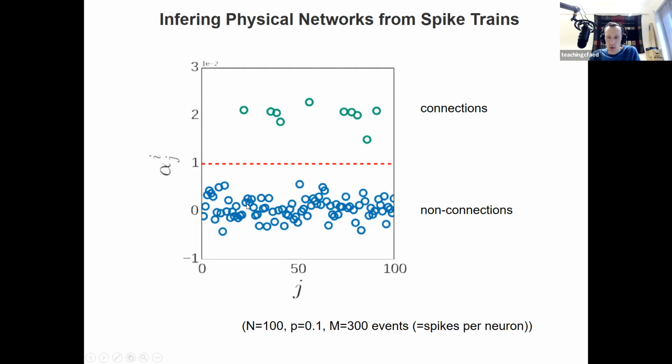Of course, it's not zero numerically, but it's something small, and something larger. So this is a network of 100 units with 10% connectivity and 300 events per neuron, 300 spikes per neuron. And you see that you can well distinguish the existing connections from the non-existing connections.